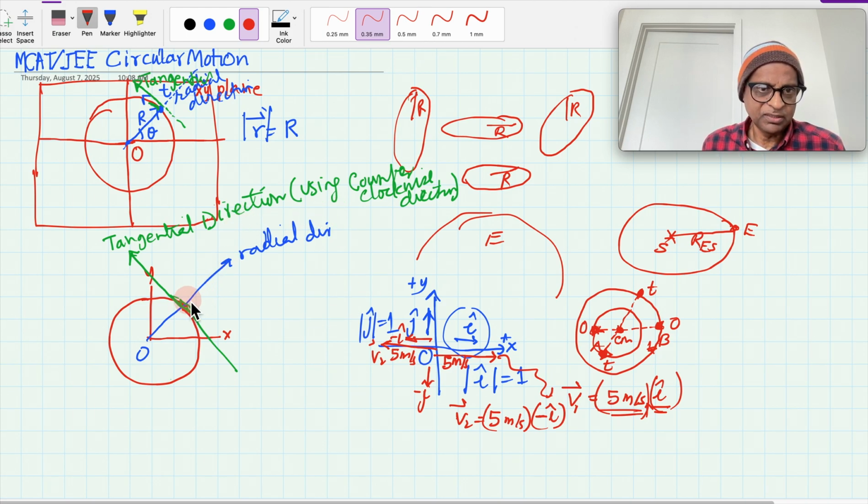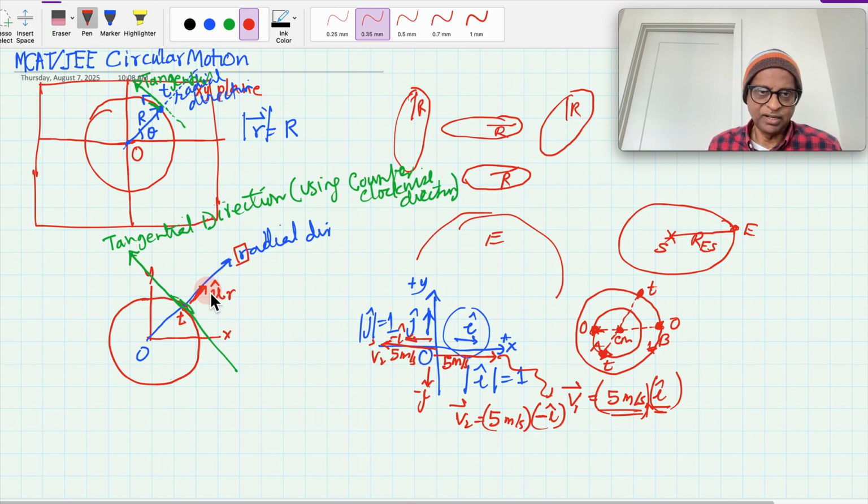Over here, similarly, we can say this is the radial direction, where it is at time t. I'm going to pick a unit vector and use the symbol u, but for radial, we're going to use the symbol r for it.